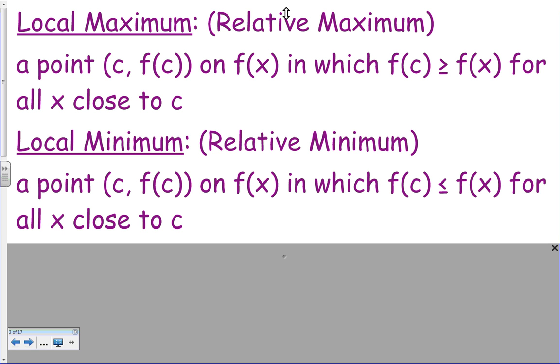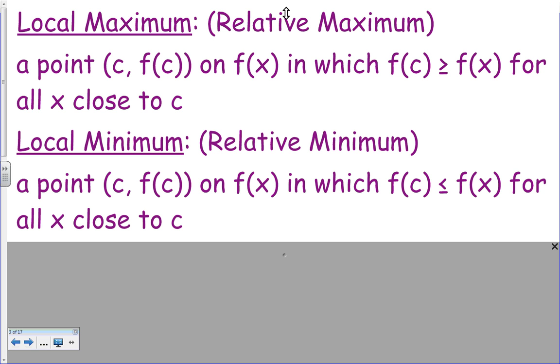The next two terms here for us are local maximum and local minimum, sometimes called relative maximum and relative minimum. We'll use the term local to describe these, but you should be familiar with the term relative, meaning the same thing. But a local maximum is a point (c, f(c)) on function f(x) in which f of c is greater than or equal to f of x for all x close to c.